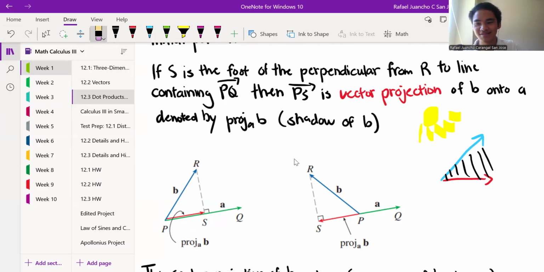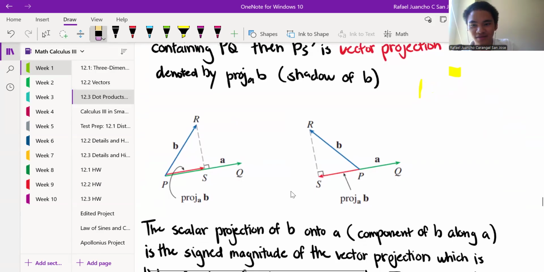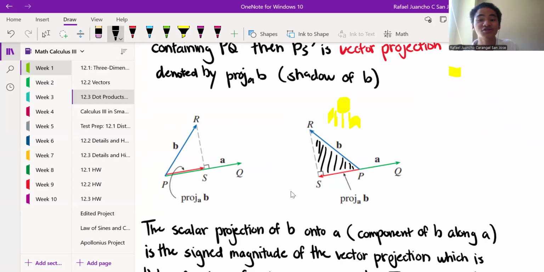So that's the shadow. The red vector is basically the shadow. And we call that a projection because, hence the word, it projects what B is. And same idea here in this example, right? If you put the sun maybe around here or a flashlight and whatnot, it's going to project B, and we're going to have this vector.